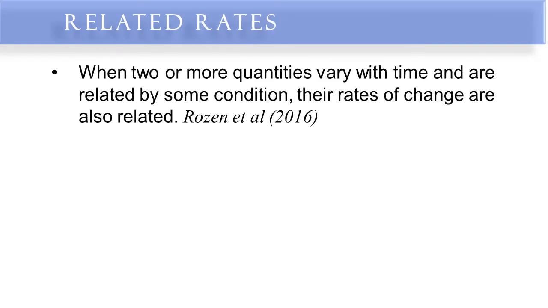So let's define related rates. According to Rosen et al., 2016, when two or more quantities vary with time and are related by some condition, their rates of change are also related.